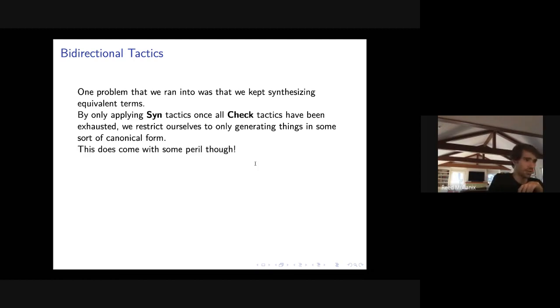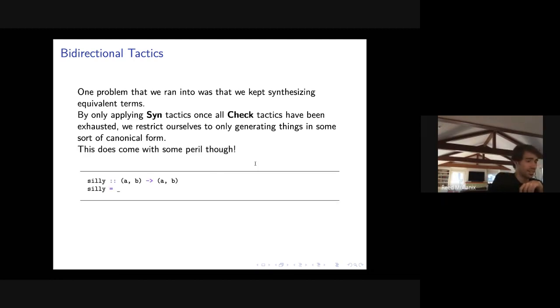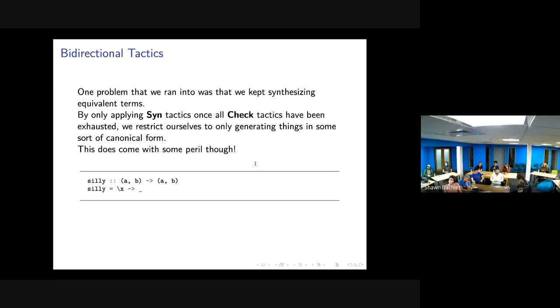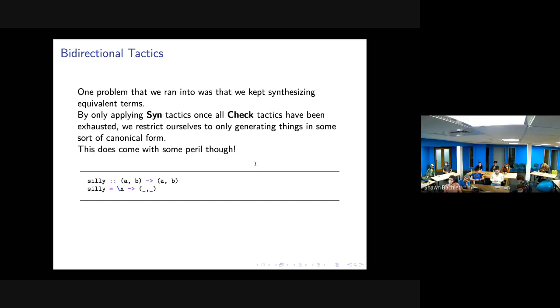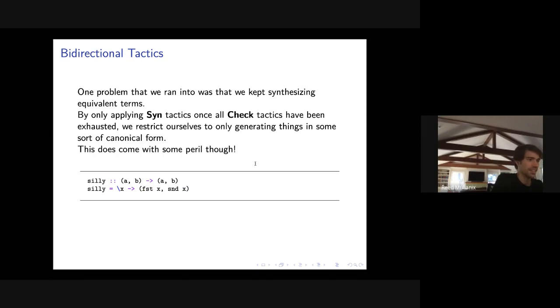This isn't without its perils. We generate kind of ugly stuff sometimes. So for this very silly function that no one would ever write, we apply the introduce tactic because it's a check tactic. We apply the split tactic because that's a check tactic and we can apply it. And then we apply the synthesized tactics, which are project and then variable.